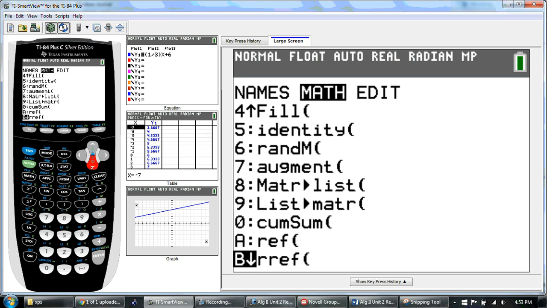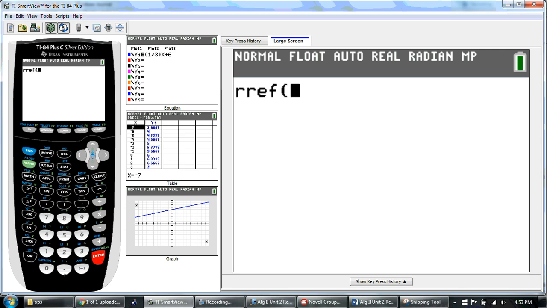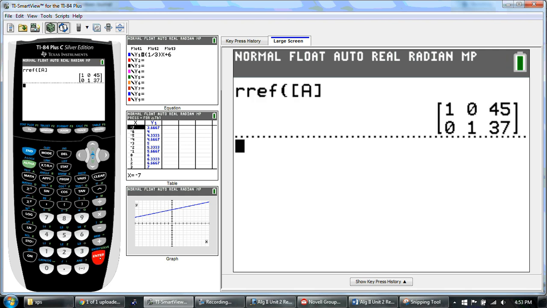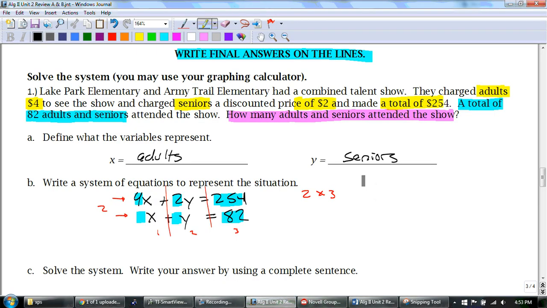For mine, it is alpha B. So that's telling me I'm going to run a program, and the program that I want it to run is my 2 by 3, so that's A. And when I do it, I get 1, 0, 45, so I'm just going to write that down over here, that in our matrix, it said 1, 0, 45, 0, 1, was it 37, right? 37. So this is my x is 45, and then my y is 37.